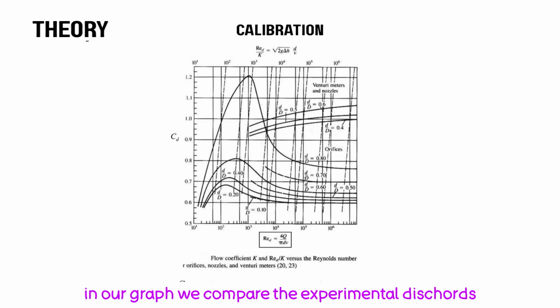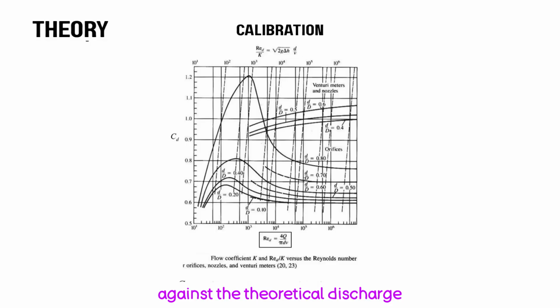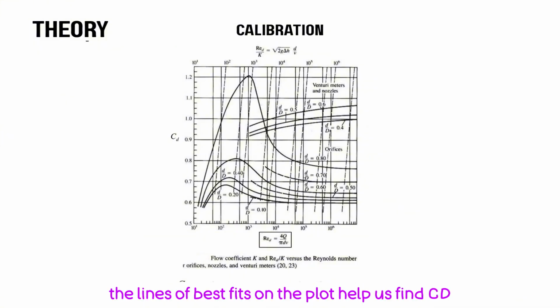In our graph, we compare the experimental discharge against the theoretical discharge for both the venturi and orifice meters. The best-fit lines on the plot help us find CD and show how energy losses affect real flow compared to the ideal case.